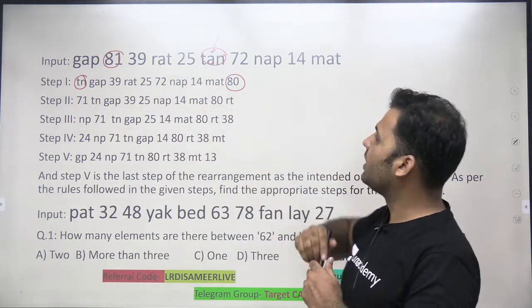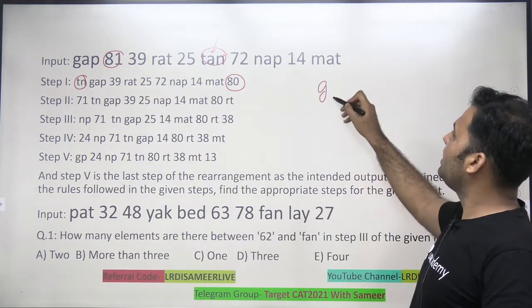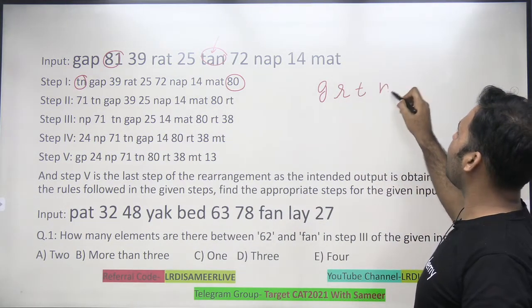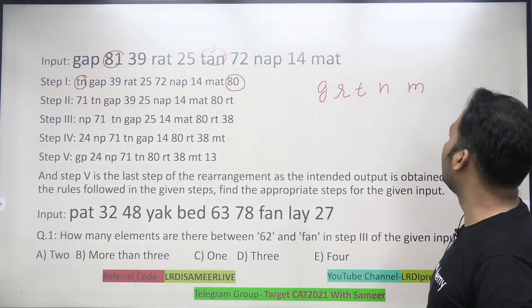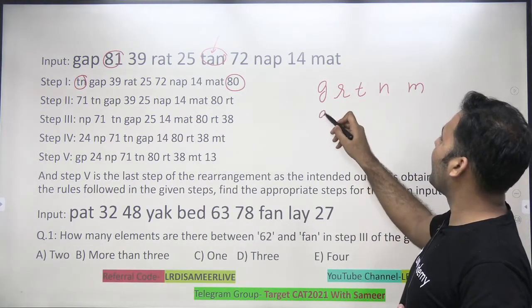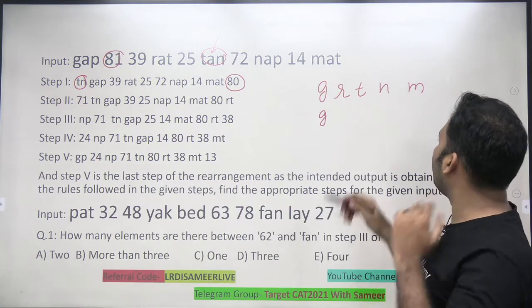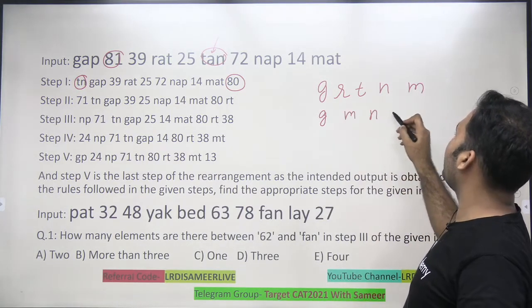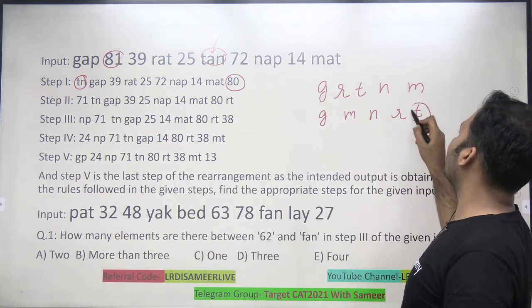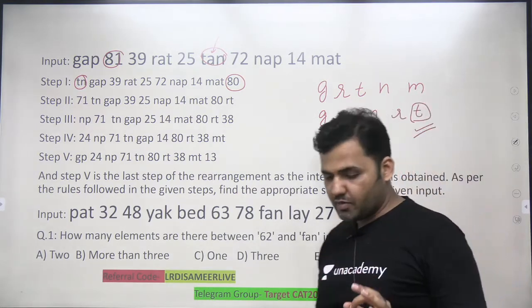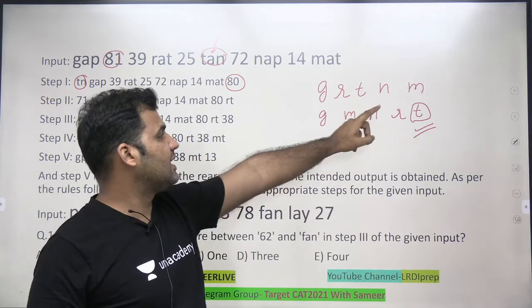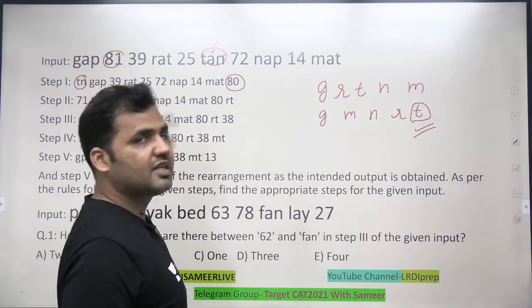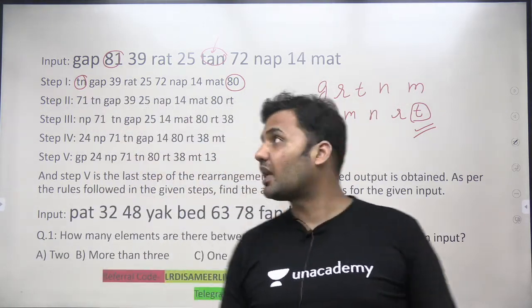If you compare the letters G, R, T, N and M and arrange them in increasing order, the first letter would be G, then M, then N, R and then T. You see that T is alphabetically the largest letter. So this letter has been taken to the left hand side position. So this is what is happening.